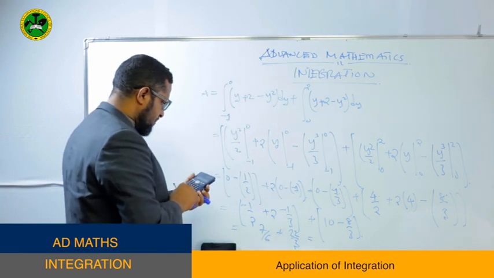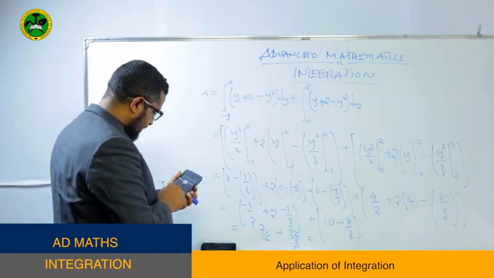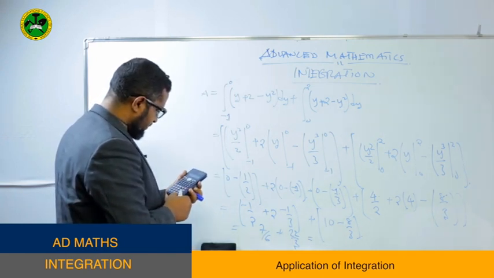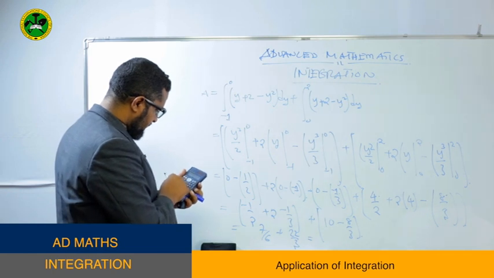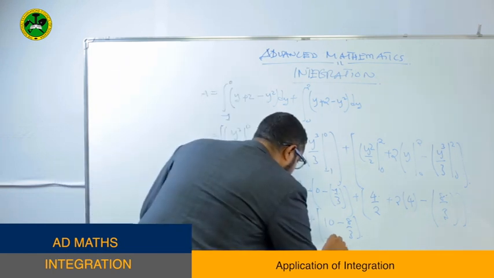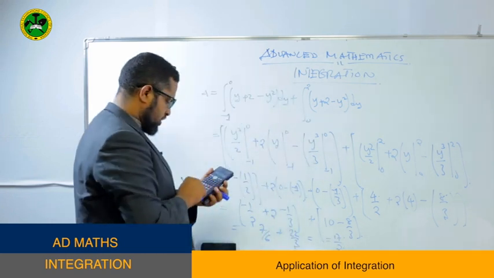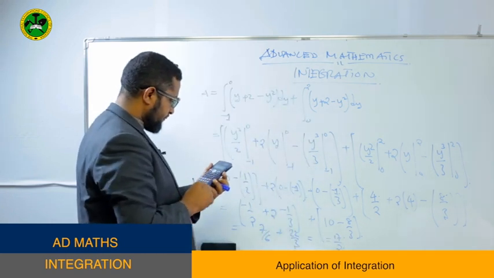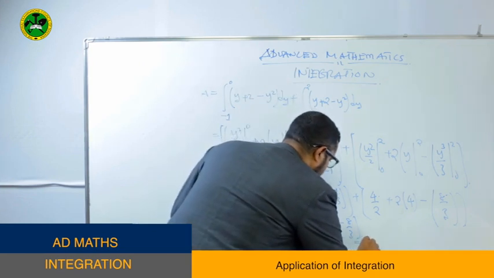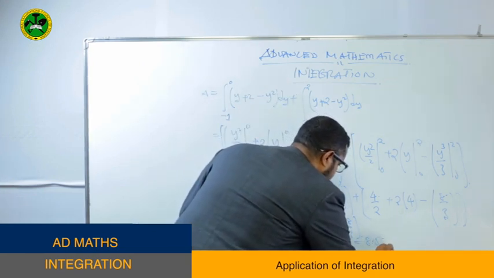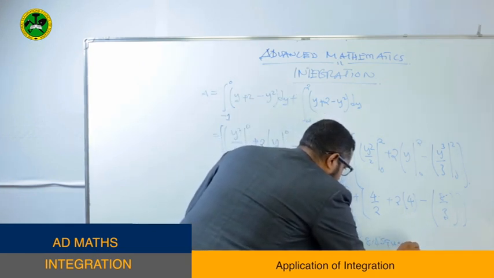Now simplify by adding 7 over 6. We have 17 over 2, which when you divide, you end up having 8.5 square units.